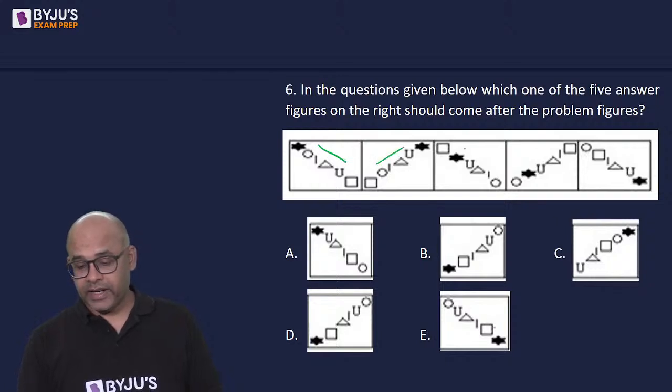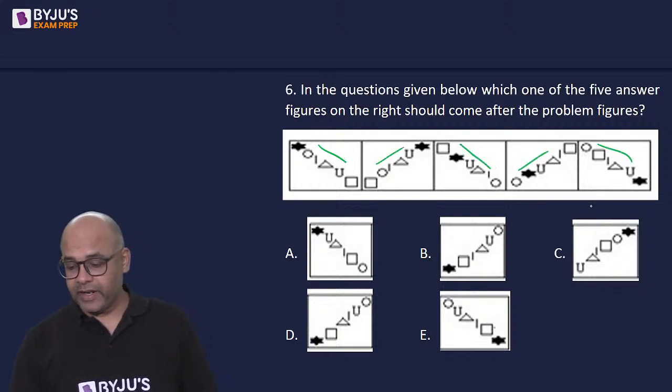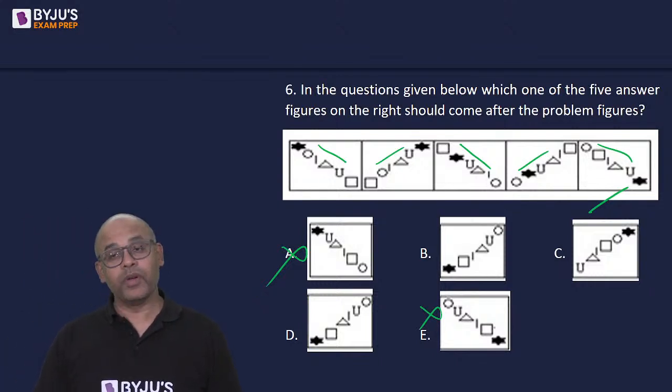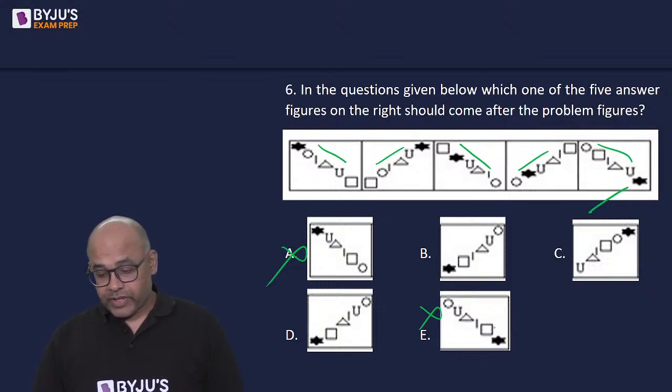Left leaning, right leaning, left leaning, right leaning, left leaning. The next one should be right leaning. Right leaning means this is gone, this is gone. So there are 3 options, B, C and D. Now which one will it be? Right? B, C, D, which one will it be? So that's where your question lies.